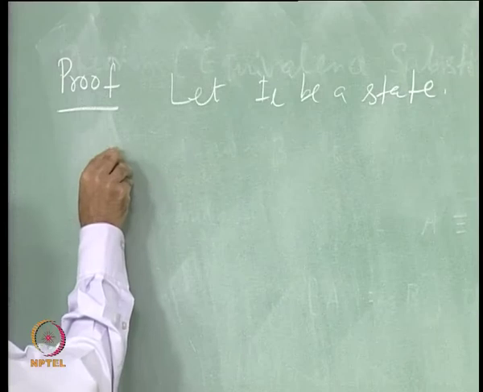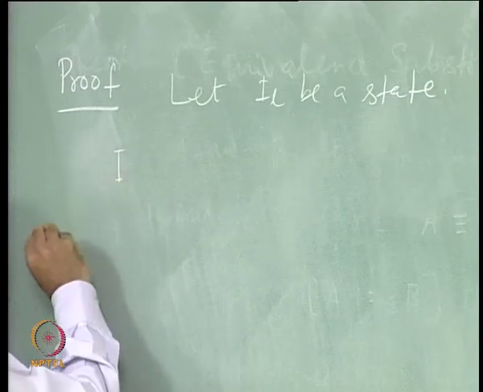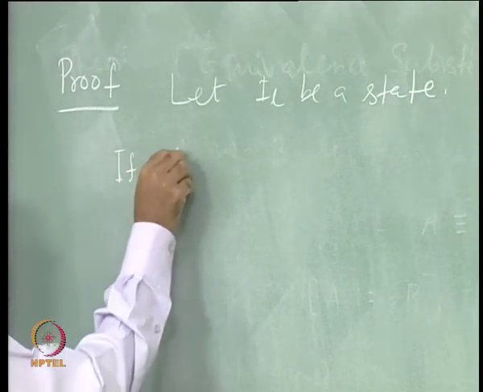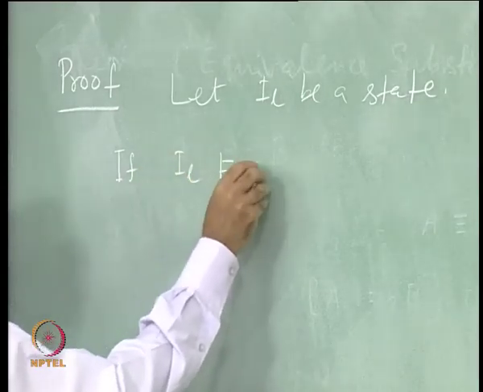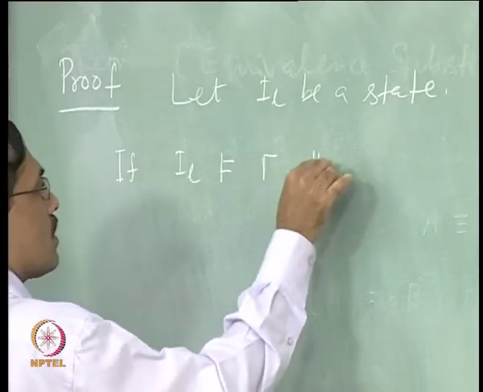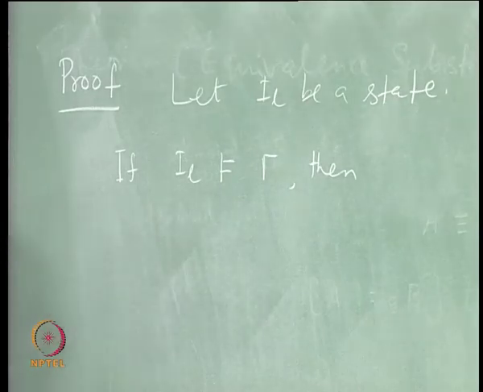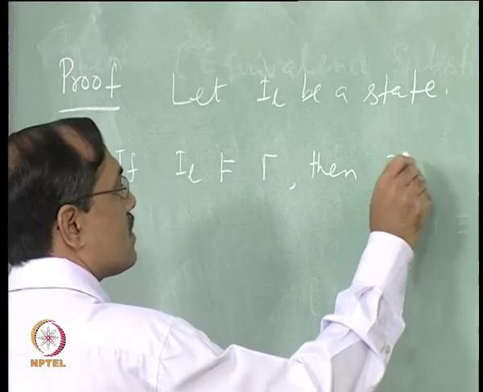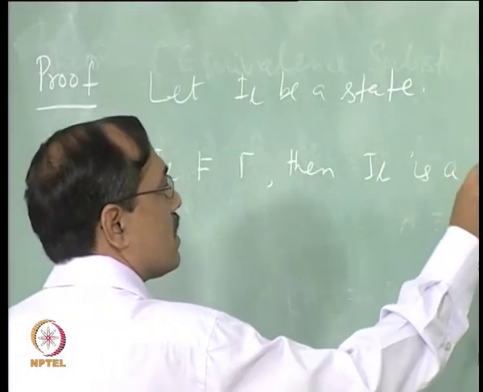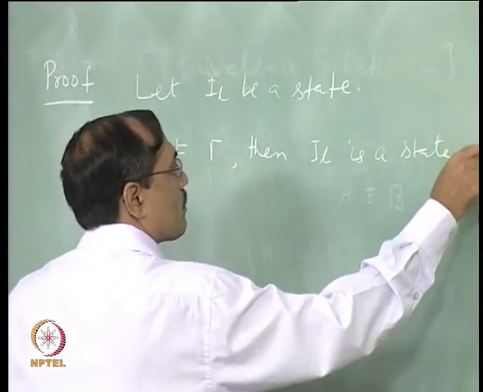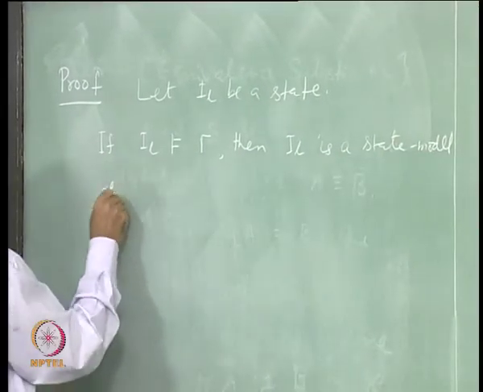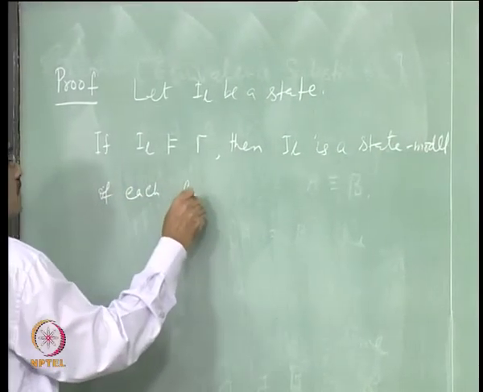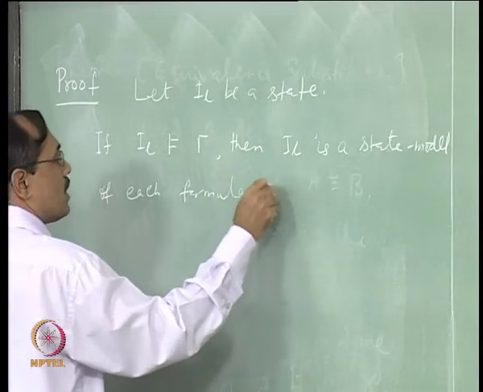So, suppose IL is a state. Now, what we say is that if IL satisfies gamma, then what happens? By definition, IL is a state model of each formula in gamma, right.